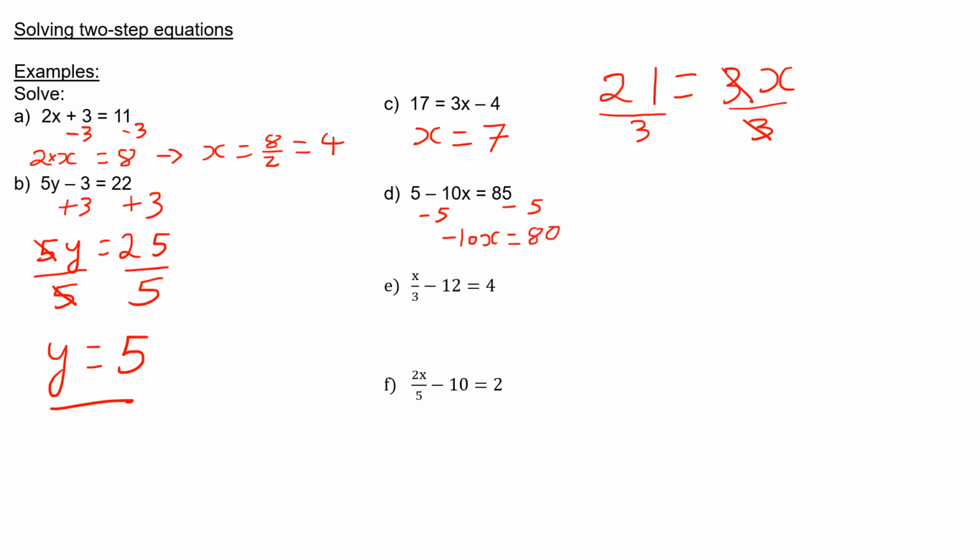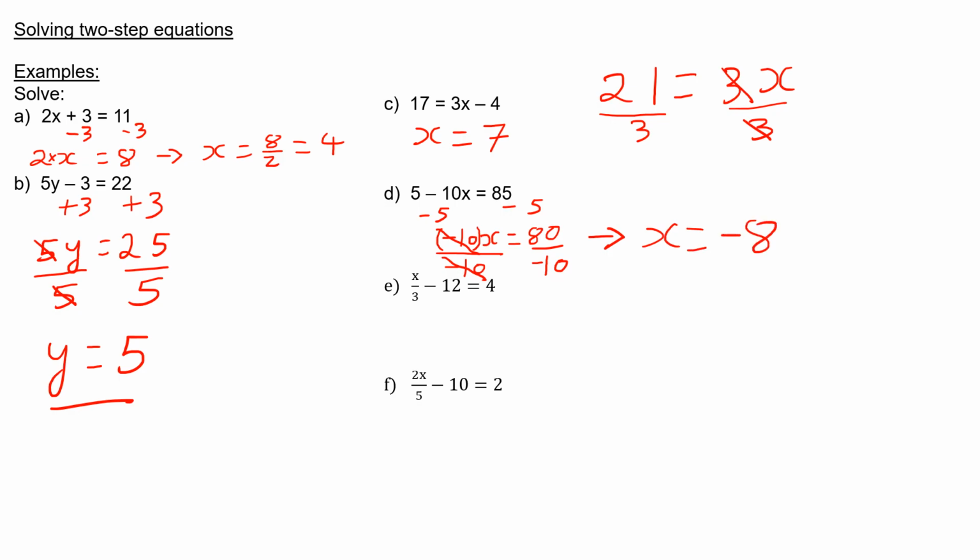I'm then going to divide both sides by minus 10, because the minus is connected to the 10. On the left-hand side, the minus 10s cancel out, and on the right-hand side, I have 80 divided by minus 10, which is just minus 8, because a plus divided by a minus is a minus.